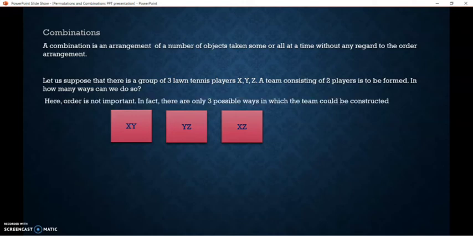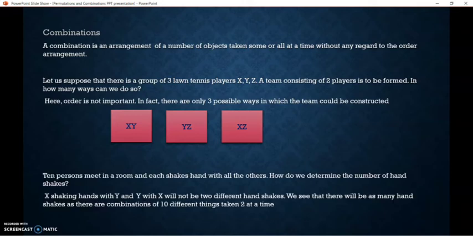Another example we can look at is this. Suppose I have 10 people in a room, and all of them are shaking hands. I want to count the total number of handshakes in that room.